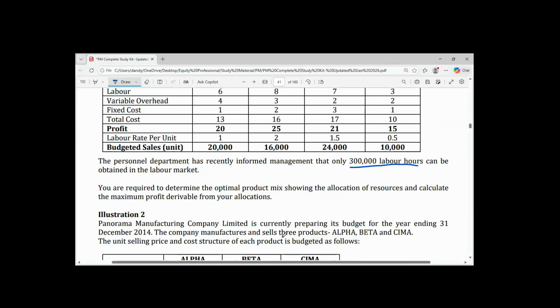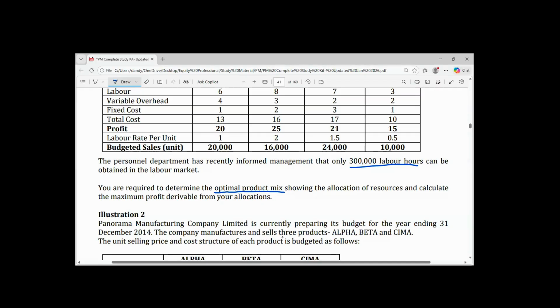Now, when you are given this kind of scenario, one thing should call your mind. Examiner has told you that the personnel department has recently informed management that only 300,000 labor hours can be obtained in the labor market. You are required to determine the optimal product mix, showing the allocation of resources and calculate the maximum profit derivable from your allocations.